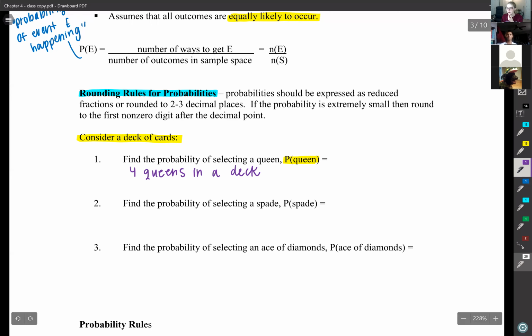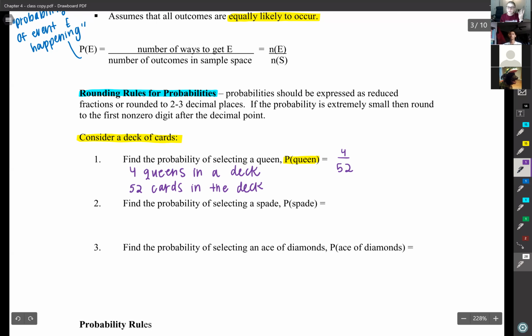And then the denominator is the number of outcomes in the sample space. This just means how many cards are in the deck. We did this last time and said there were 52 cards. So your answer is simply 4 over 52.